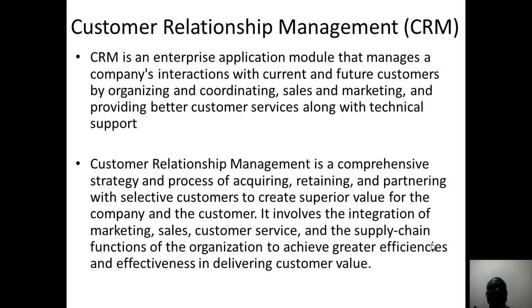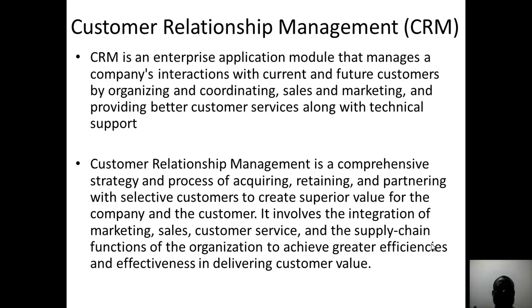Now let's look at customer relationship management. It's an enterprise application model that manages companies' interaction with current and future customers by organizing and coordinating sales and marketing and providing better customer service along with technical support. So in actual fact, customer relationship management is used to manage customers.